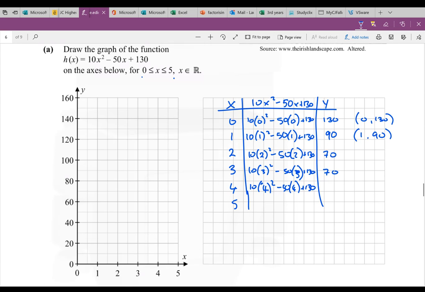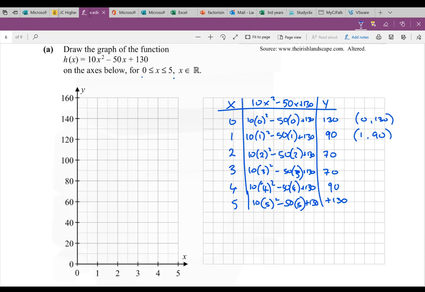So you'll actually start to see that your values have gone from 130 down, and now they're starting to come back up. And then you'll have 10 times 5 squared minus 50 by 5 plus 130. 10 times 25 is 250 minus 50 times 5 is 250 plus 130.